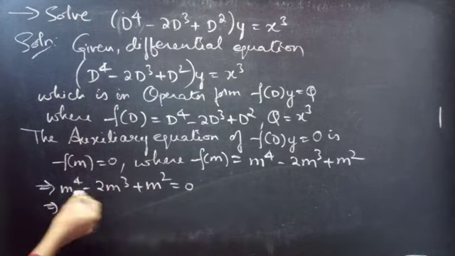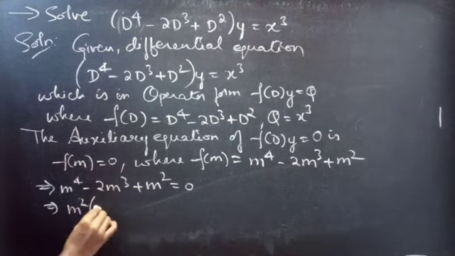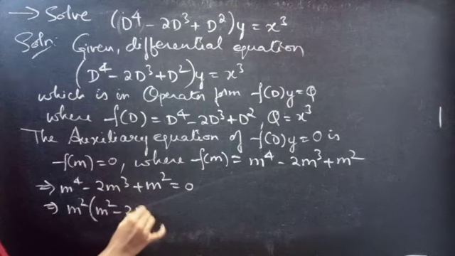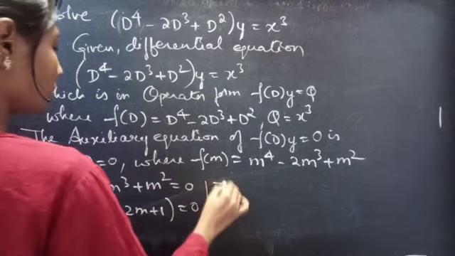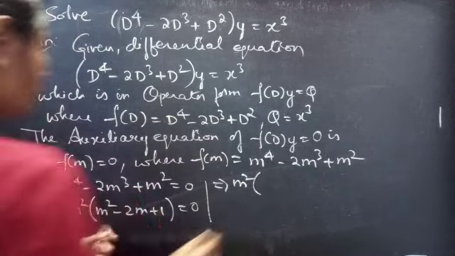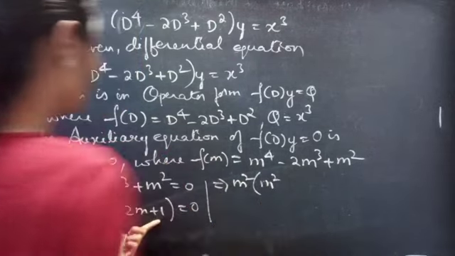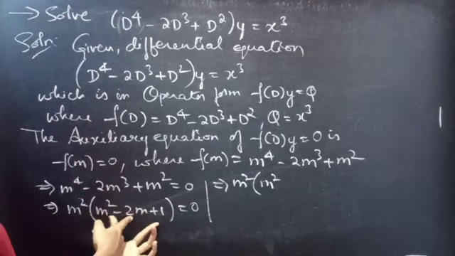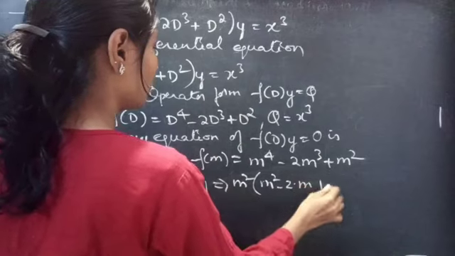Now let's take m^2 common from all the three terms of LHS. We'll get m^2 (m^2 - 2m + 1) = 0, right? See, in these terms you're having m^2 - 2m. You can write this 2m as 2 into m into 1, right?